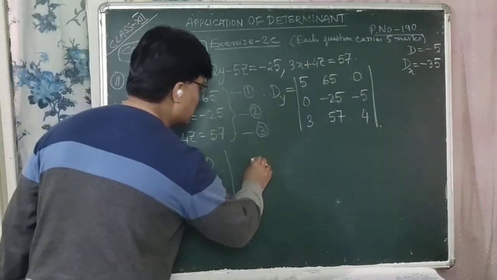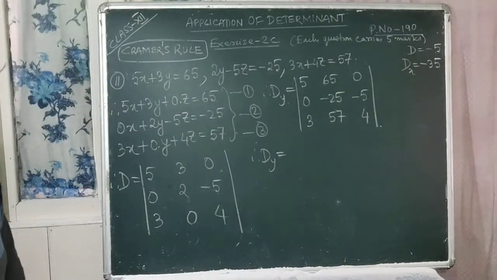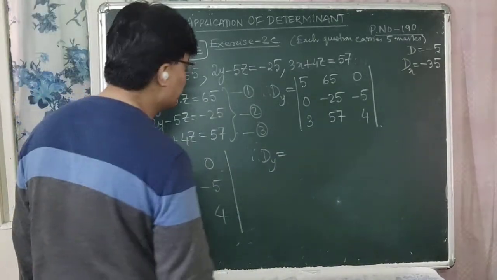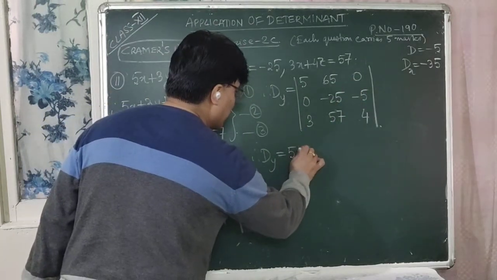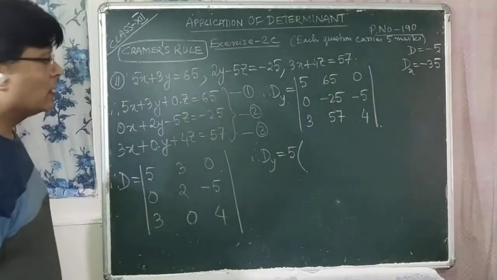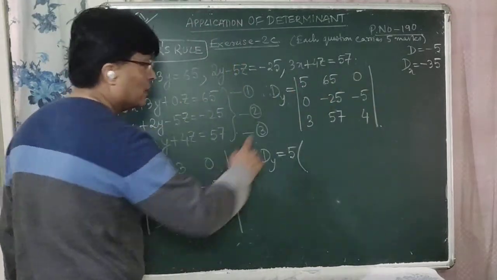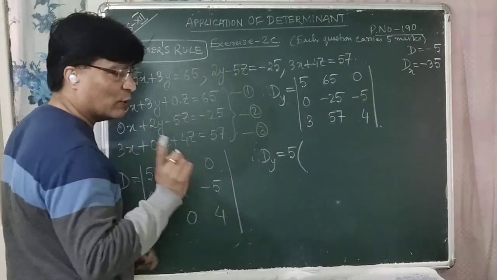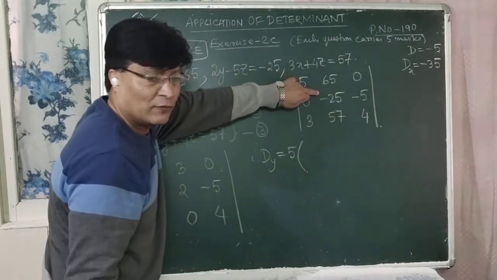Let us expand this determinant, that is dy is equal to, here also let us expand it with respect to the first row now. First row, plus minus plus, again you take 5 within bracket. Now we have to delete the row and the column through the element 5. That means first row and first column are deleted. What remains? Minus 25, minus 5, 57 and what? 4, right?